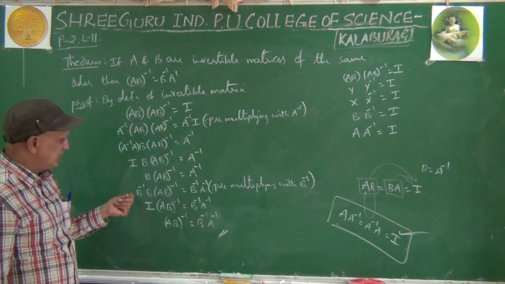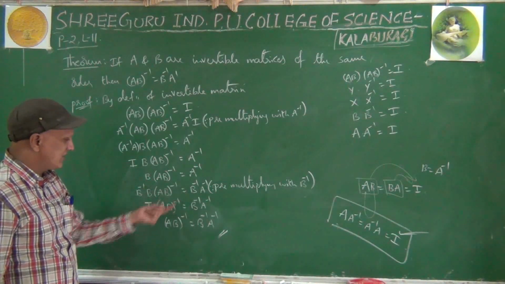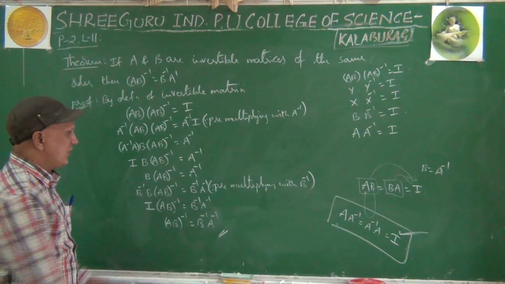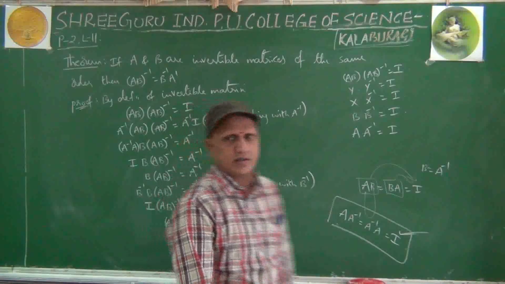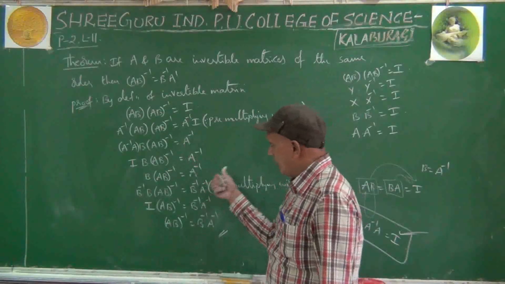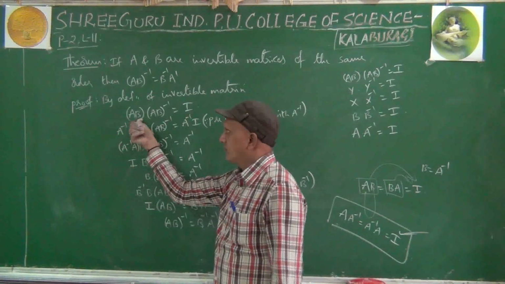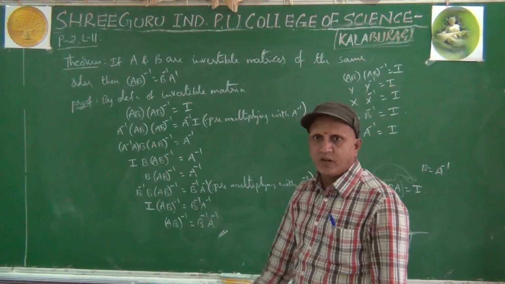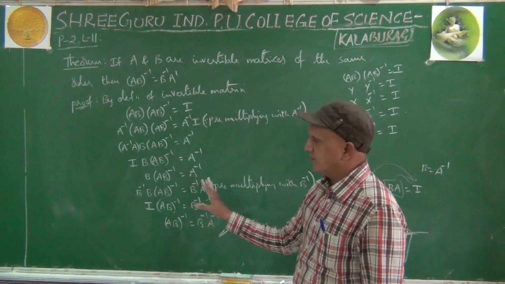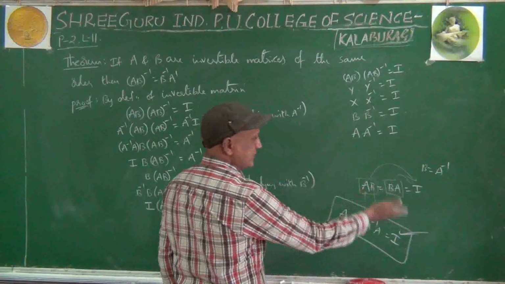Next, multiplication with B inverse, B inverse into B, I into AB whole inverse. Few people are going to write only this step and this step, and you won't get the marks. How are you getting this? Steps should be clear, particularly for this theorem. It is a very easy theorem if you understood this definition.